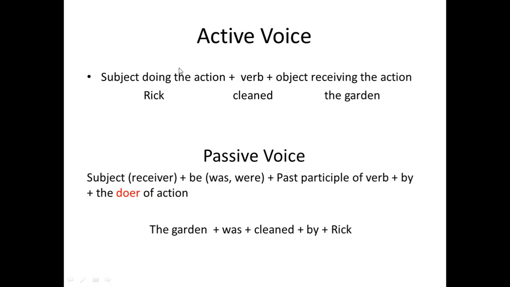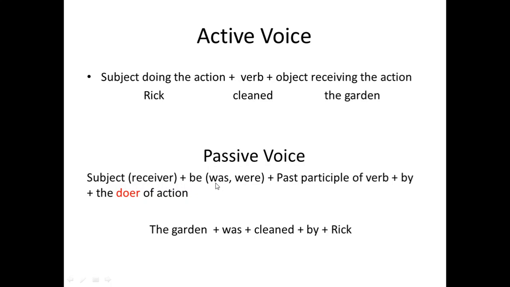So if you want to change this sentence into a passive voice, the first thing you need to do is this. You will bring the receiver to the beginning of the sentence, okay? The first thing is done. And then you have be, which is was and were.